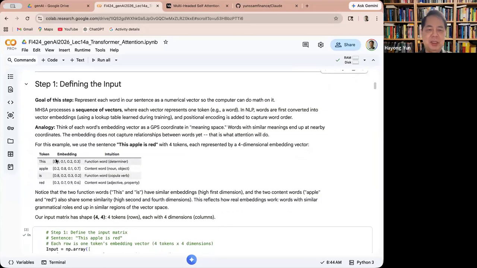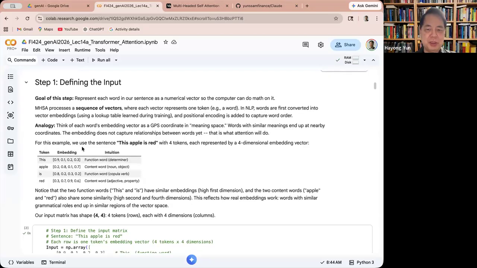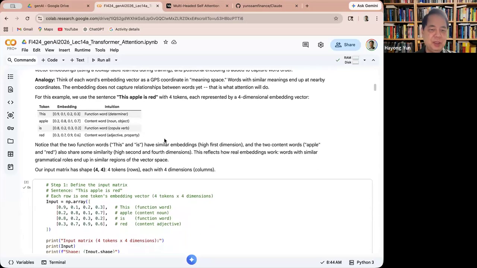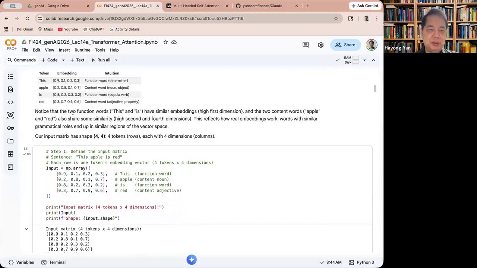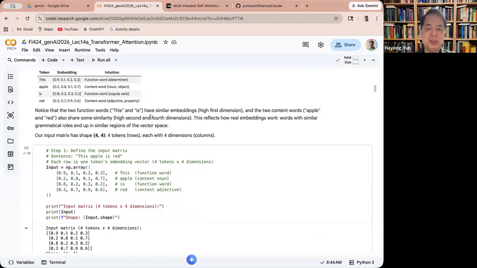It's called an embedding. The multi-head self-attention processes a sequence of vectors, each like a token, so we need those words to be tokens. Notice that the two function words, "this" and "is", have very similar embeddings in the first dimension.